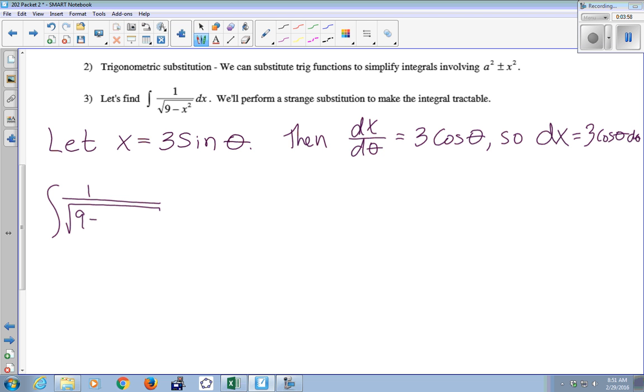So what do you get when you square 3 sine theta? 9 sine squared theta. Great. Okay. And then dx, I'm going to replace with 3 cosine theta d theta.